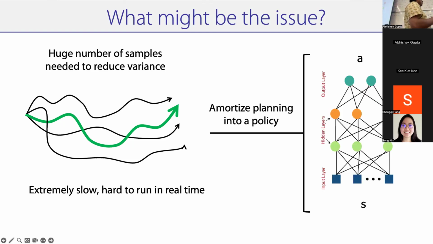But the other solution is to amortize planning, test time planning, into training time policies. Let's use ideas from imitation learning, et cetera, so that instead of having a slow policy or slow planner that you compute at test time, we amortize that into a policy at training time. Then at test time, you just do feed-forward inference, right?